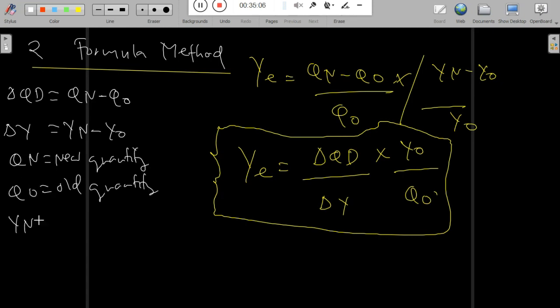For that case, let's look at an example of how we can calculate the income elasticity of demand.